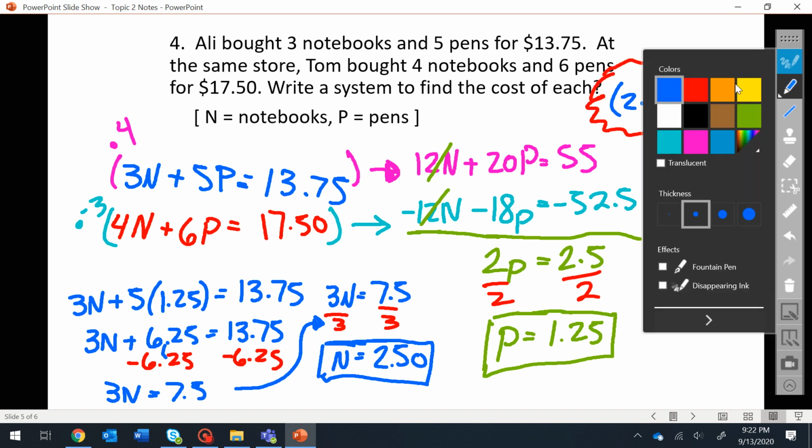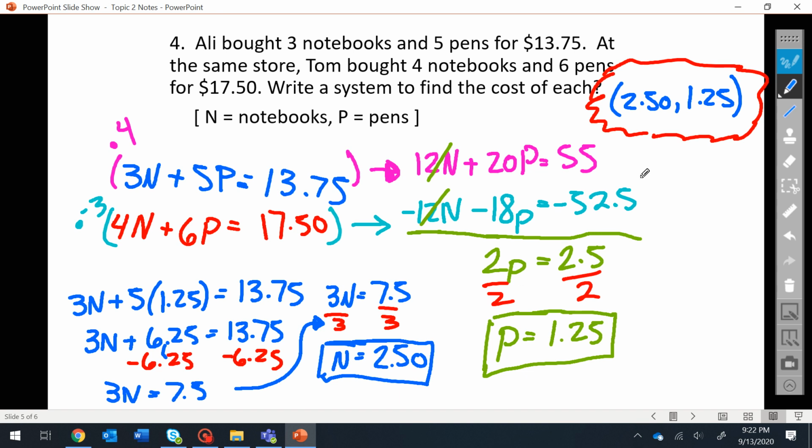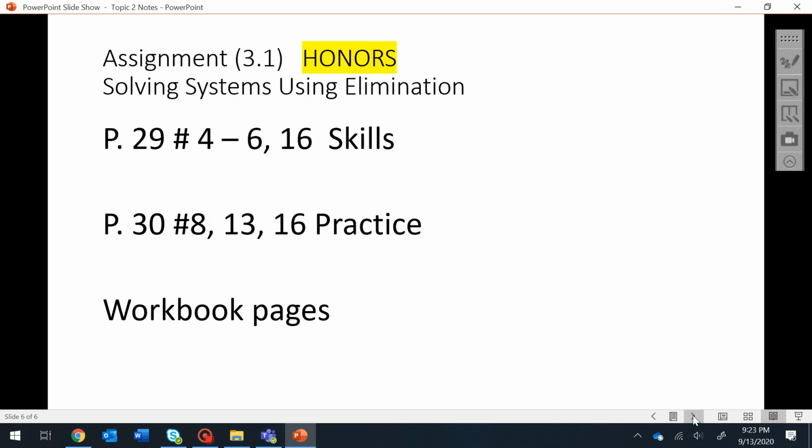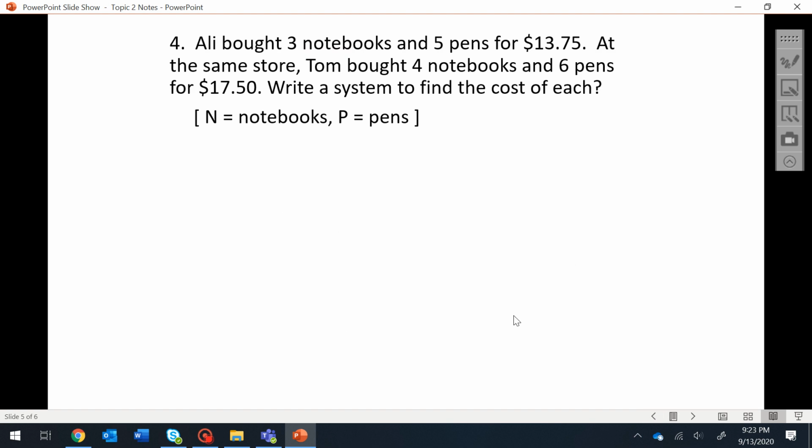And even though we write the ordered pair, we want to know that the cost of a notebook is $2.50 and the cost of a pen is $1.25. Alright, so do try to keep in mind what we were actually trying to do here, which was solve for the cost of a notebook and the cost of a pen. And that is how you solve using the elimination method.